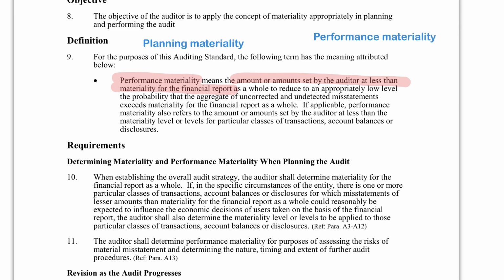Now this is sometimes called tolerable levels of misstatement for particular accounts. So you have materiality for your overall set of financial statements, and then you might set a performance materiality for a specific proportion or component of the accounts.